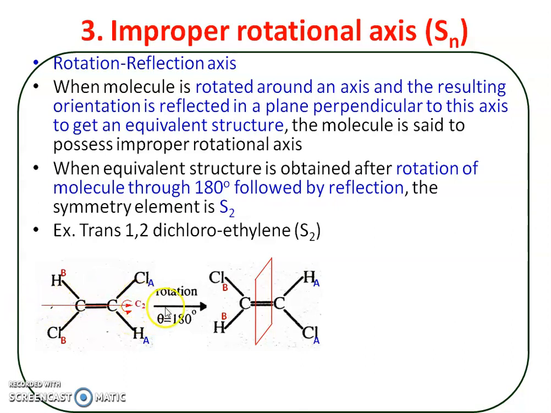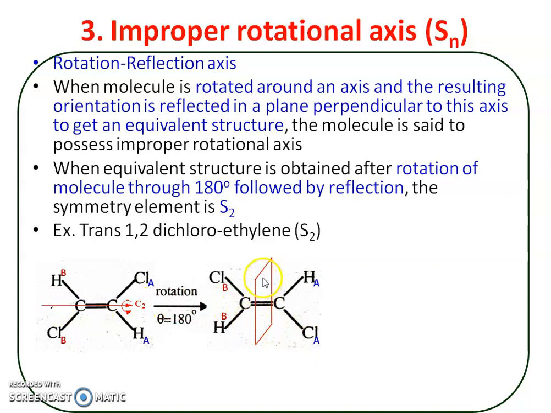Initially this rotation axis was oriented along the x axis, and this is the yz plane, which is at a right angle to this C2 axis.